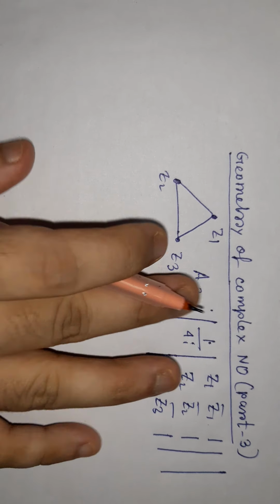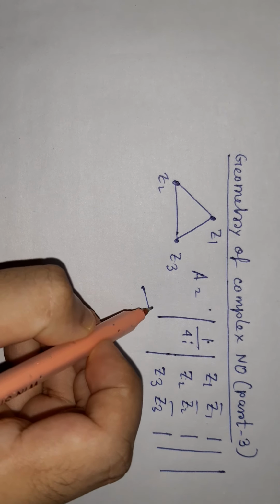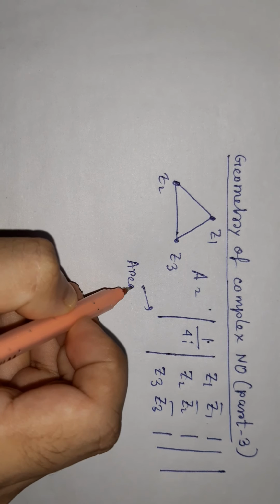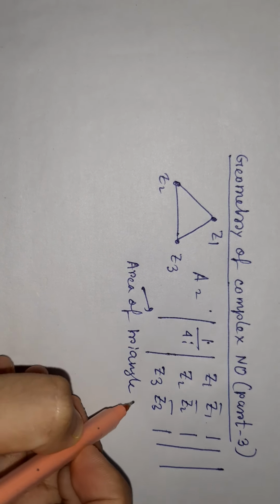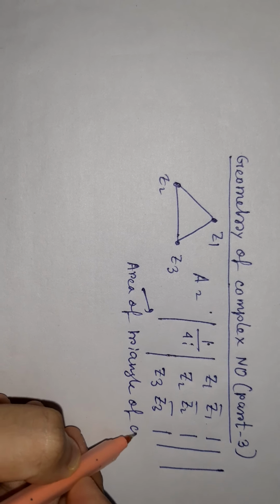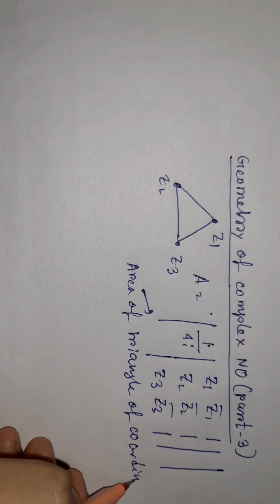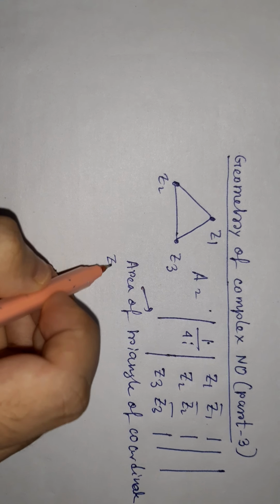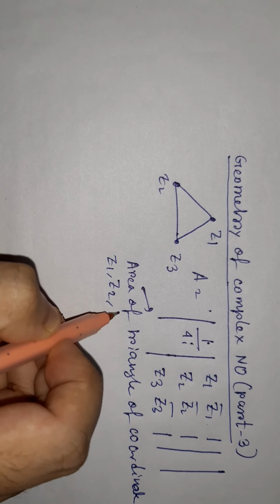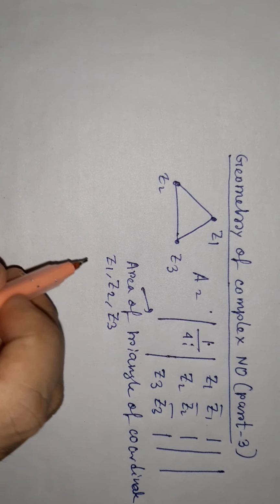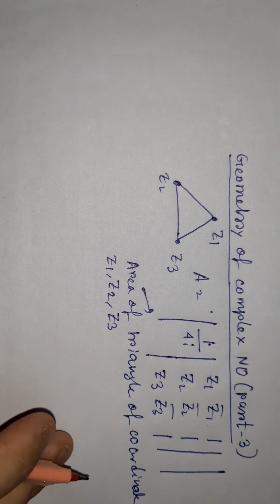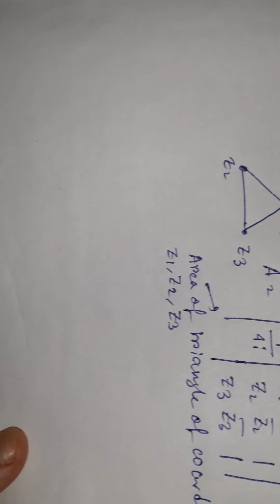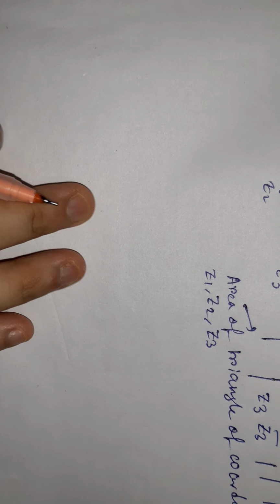This is the area of the triangle with coordinates z1, z2, z3.